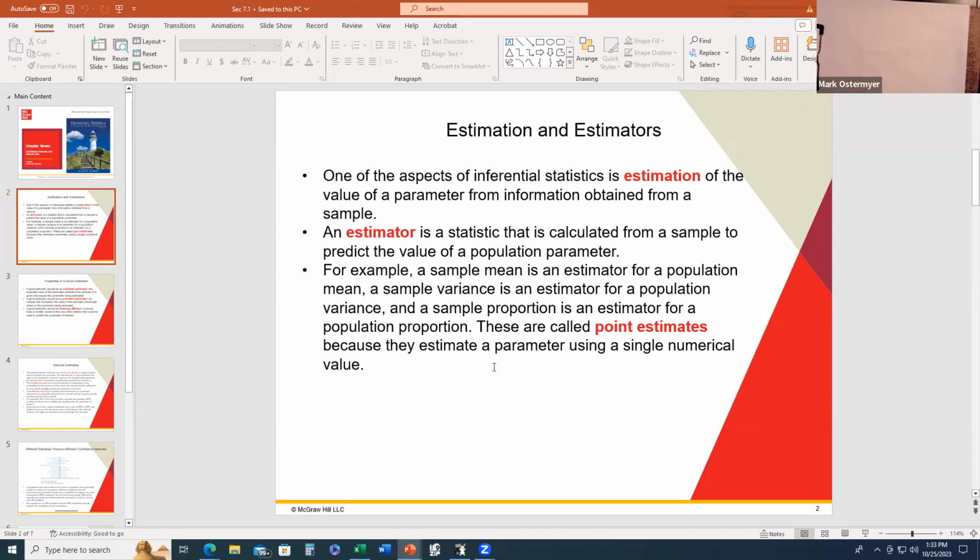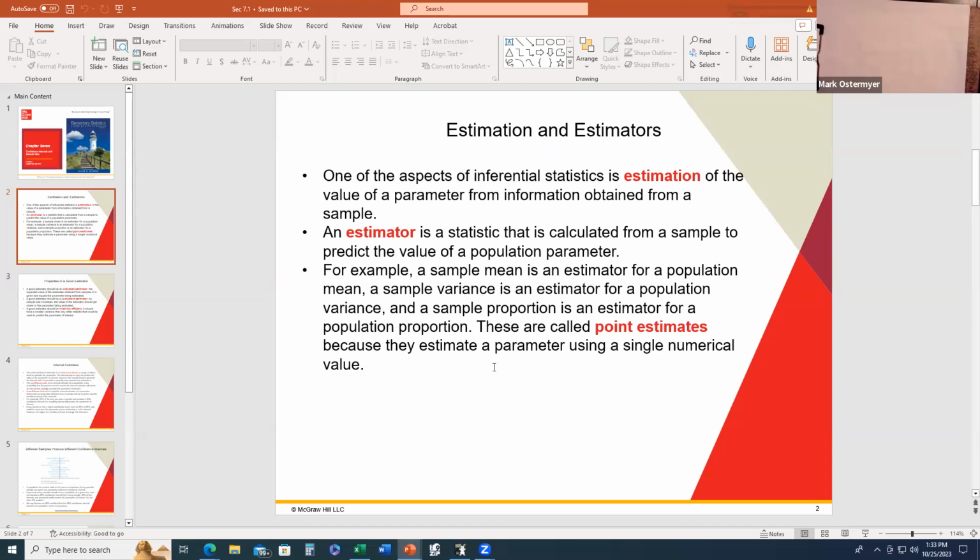But there's a danger in that. The danger is this: if I reached into that parent population and pulled out another sample of size 100,000 and computed the mean of that sample, that mean might be different than the first sample mean. So the problem is, which sample mean is the more accurate estimate of the unknown population mean? We don't know. We don't have a clue.